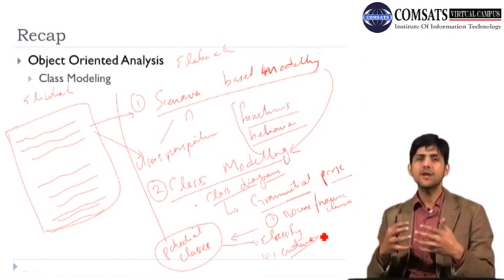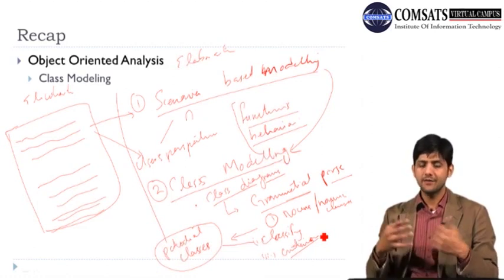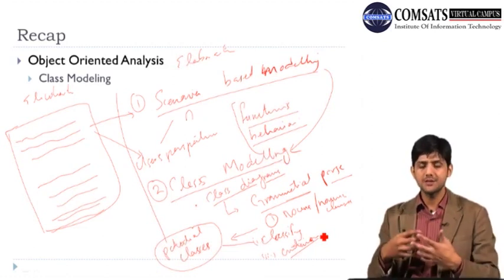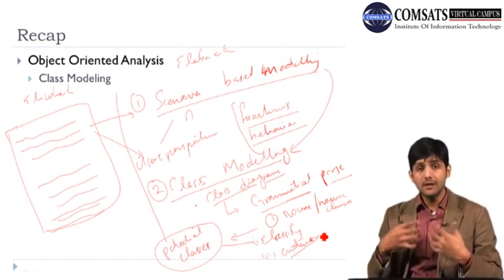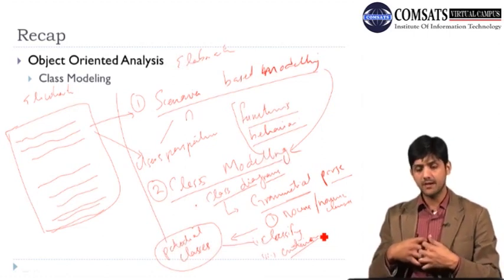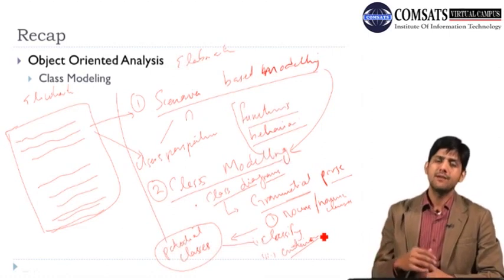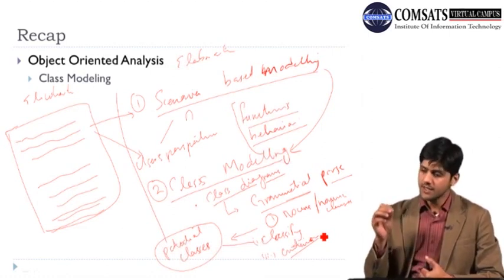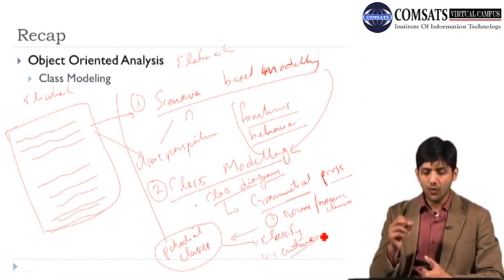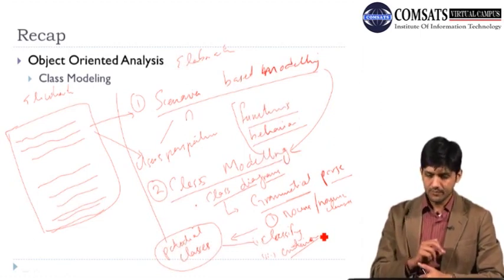Then different instances of the class should have common attributes. The fifth one was that it should have some common operations. And the final one was that it has some essential requirements. So there were 6 criterions, and we said very specifically that each potential class should satisfy all those conditions in order to be considered as a domain class.